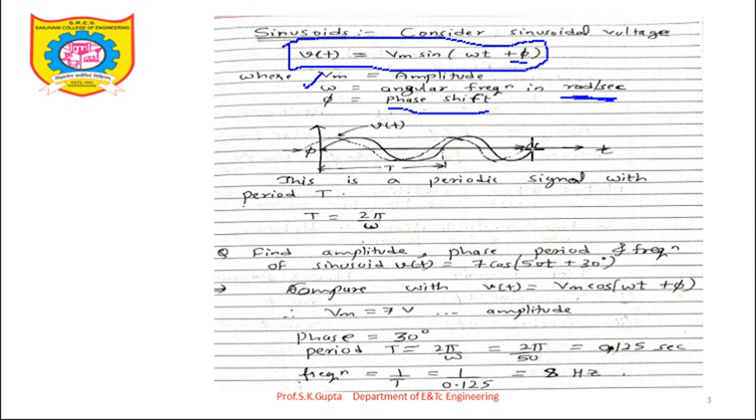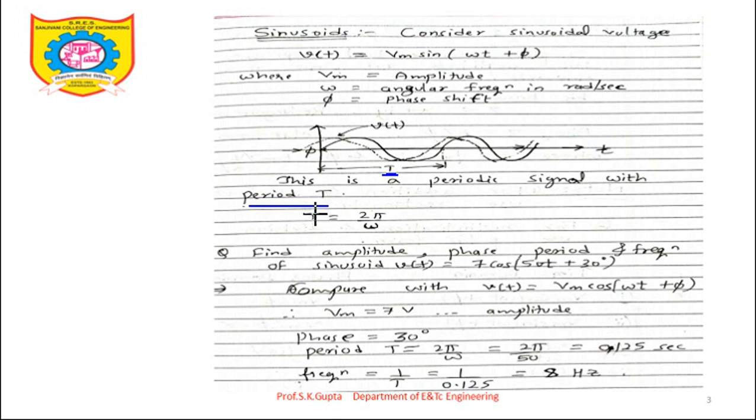Now one thing you can observe is that this signal is repeating after time period capital T. We get a positive cycle, then a negative cycle, again a positive cycle, negative cycle with the same shape. So this is a periodic signal with period capital T, and period and angular frequency are related by T equal to 2 pi by omega.